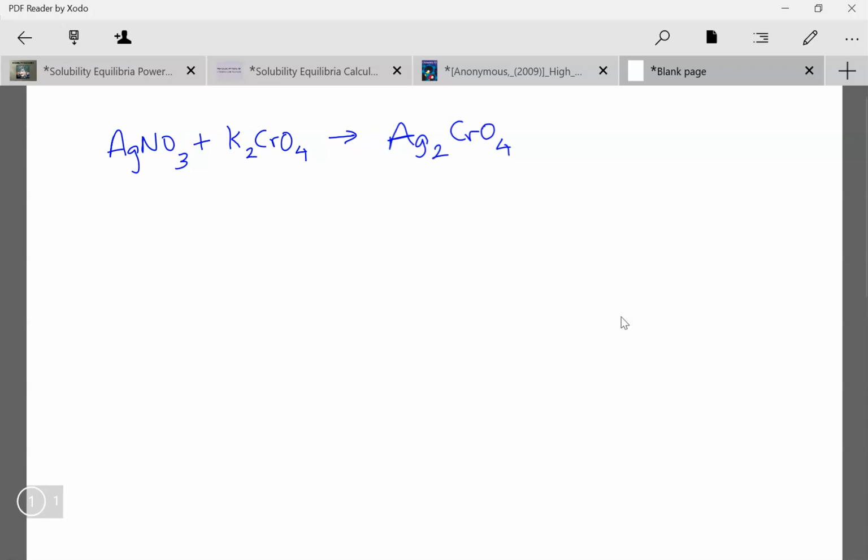Silver chromate plus potassium nitrate. Do I have to balance this guy? I think so. I think I need a 2 here and a 2 there. I should be good.